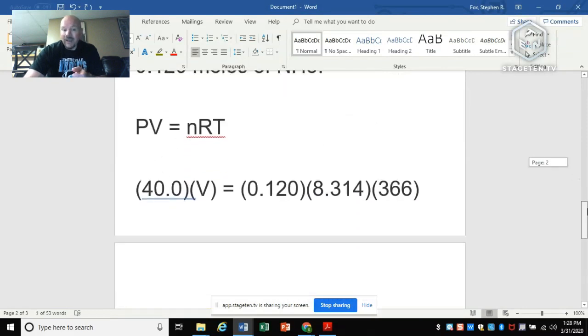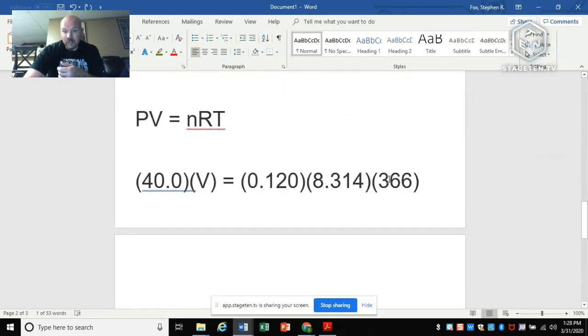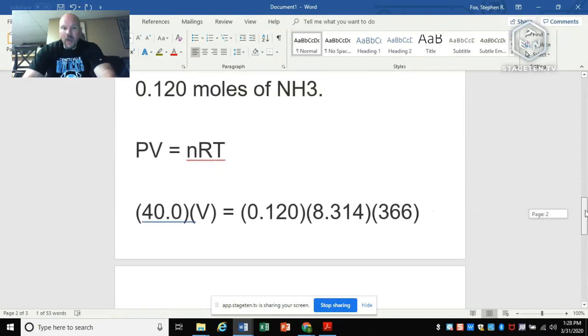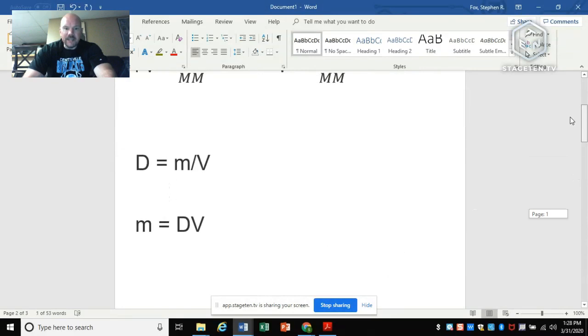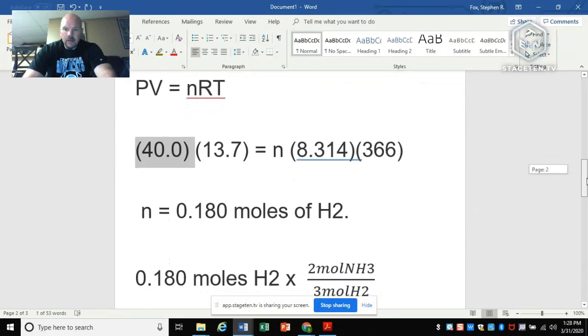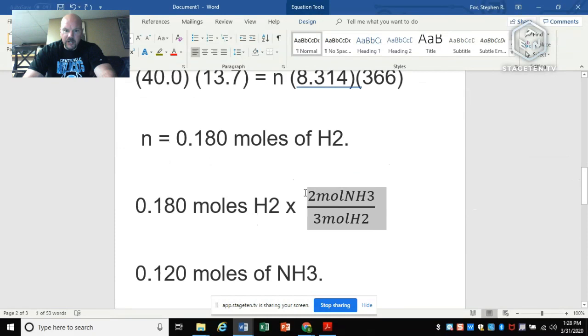But then to go back to volume, we're going to end up multiplying by R and 366 and then dividing by 40. So you end up multiplying and dividing by the same numbers, and what ends up happening is you end up with the same thing as if you just took your initial volume and multiplied by that ratio.